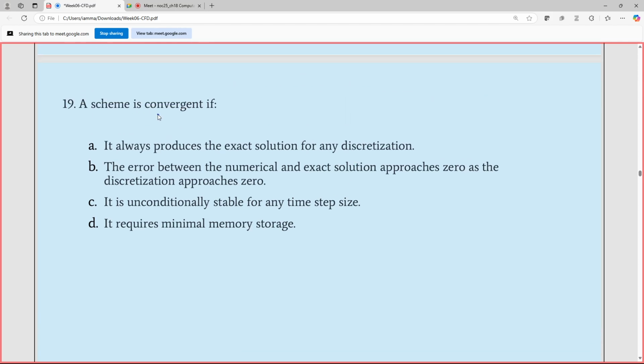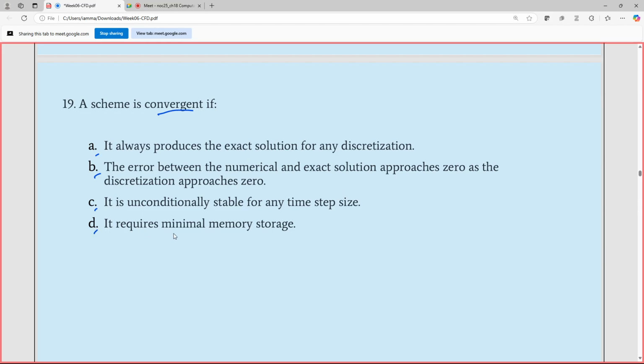A scheme is convergent if option A, it always produces the exact solution for any discretization. Option B, the error between the numerical and exact solution approaches zero as the discretization approaches zero. Option C, it is unconditionally stable for any step size.